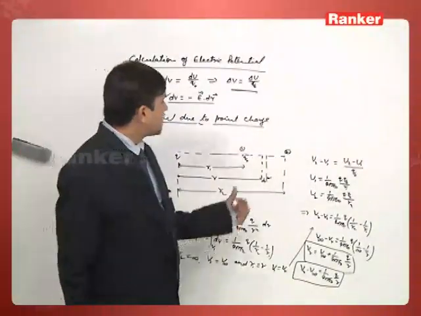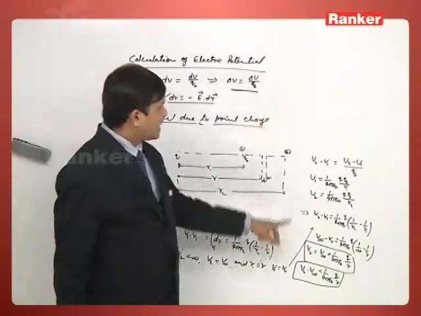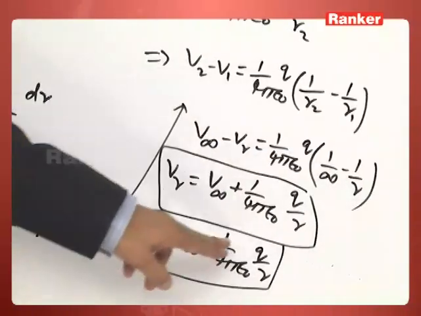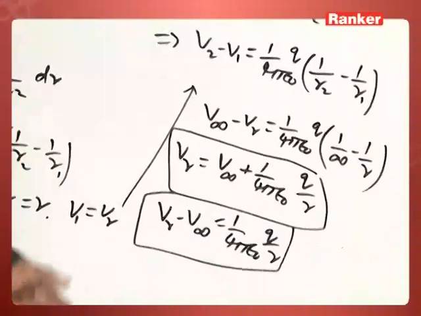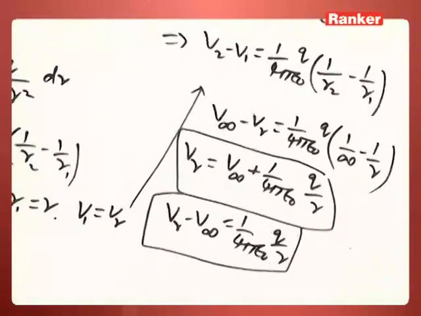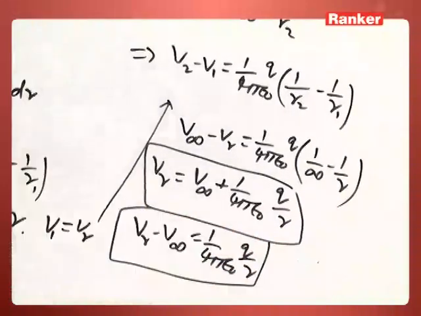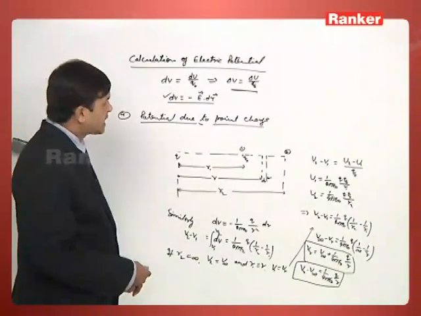Since potential is defined with potential energy and it is a scalar, the charge value also has to be put according to its sign: a positive value for a positive charge, and a negative sign for a negative charge. So this is the potential due to a point charge.